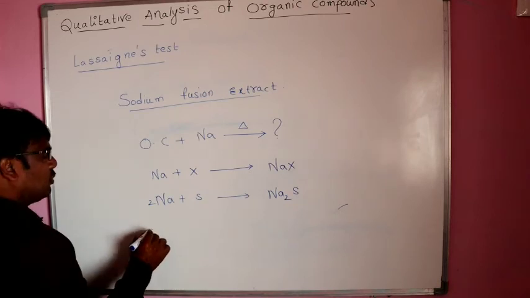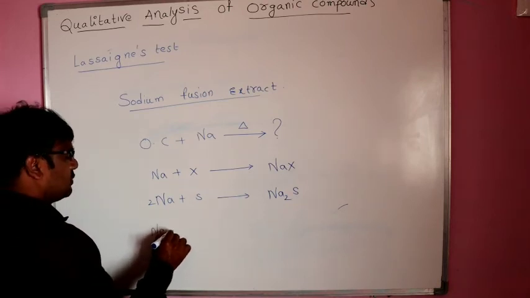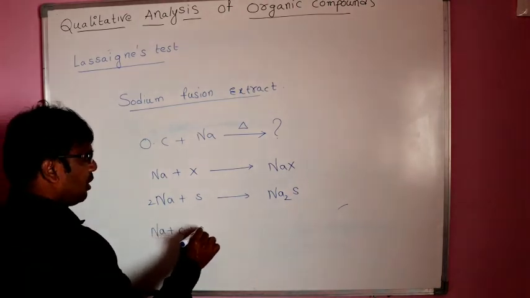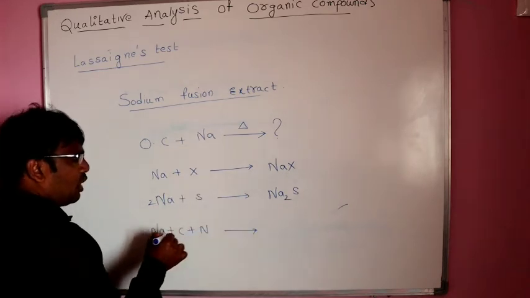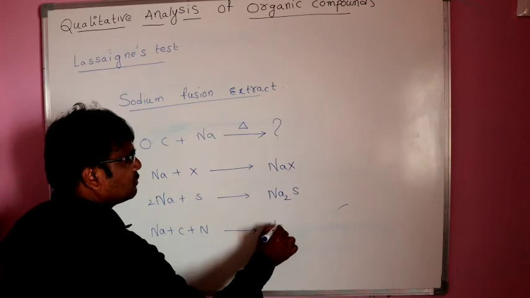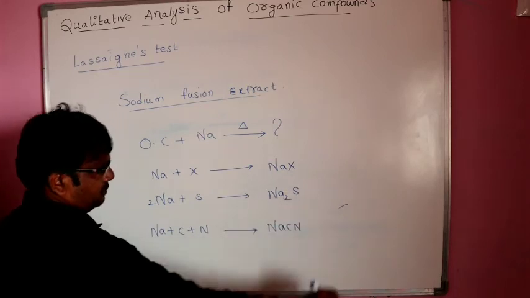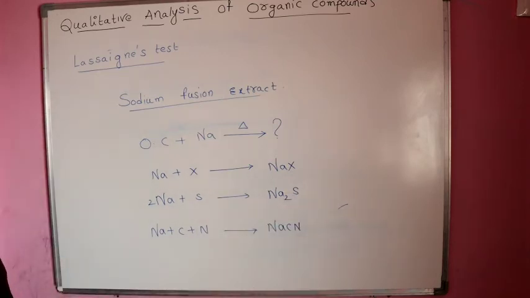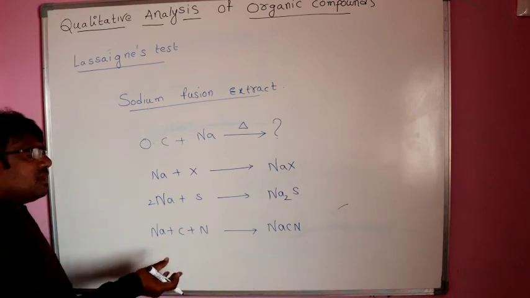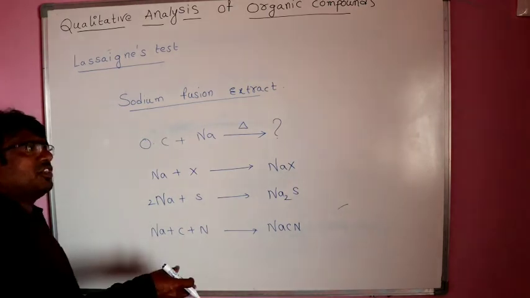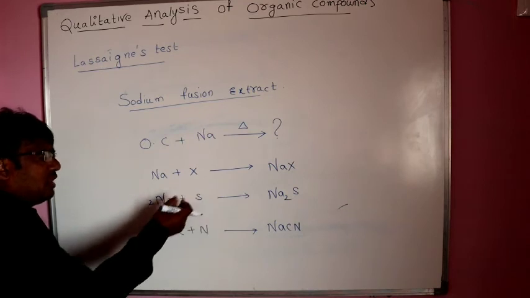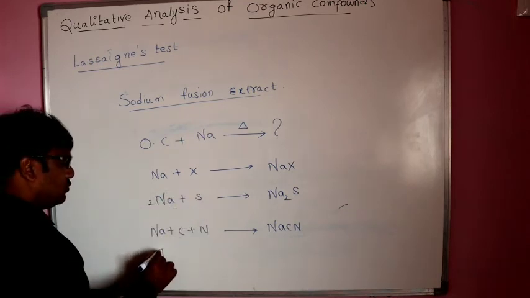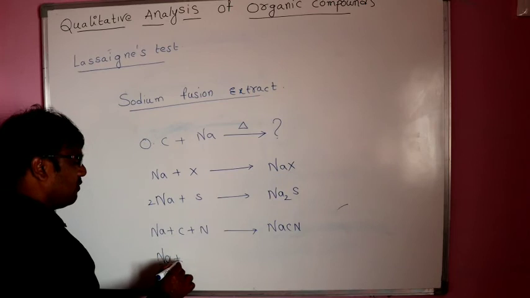And nitrogen present in the organic compound, along with the carbon, is converted into sodium cyanide, NaCN. And whenever sulfur is there along with the nitrogen in the organic compound, we will get sodium thiocyanate.